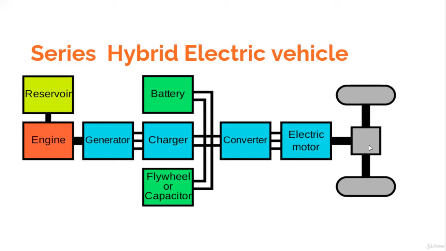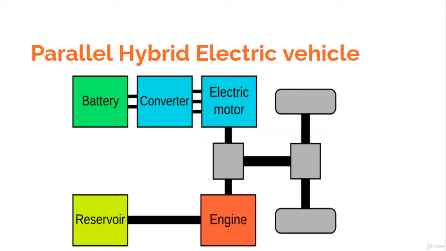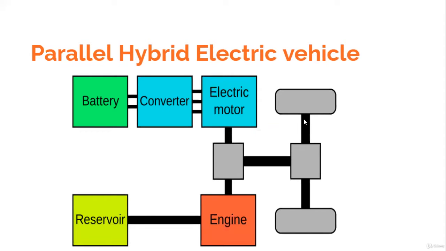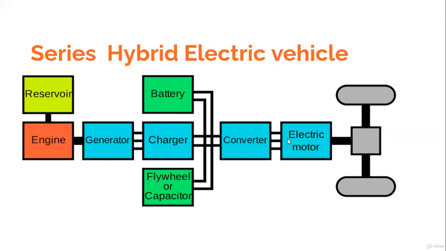Now we will move to the next configuration, which is a parallel hybrid configuration. So the parallel hybrid electric vehicle is in front of you. What do you see over here? In this configuration, both the internal combustion engine and the electrical motor are in parallel to the wheels. Look at the earlier configuration.